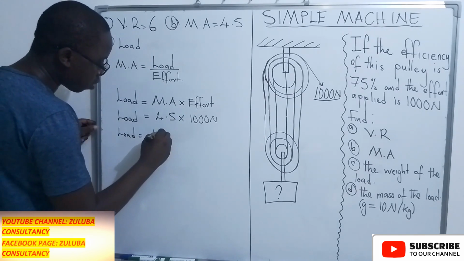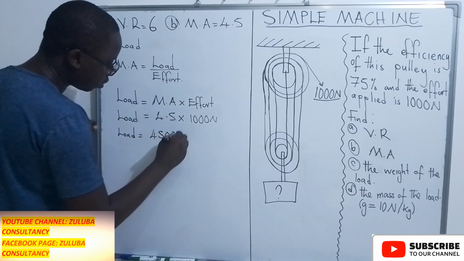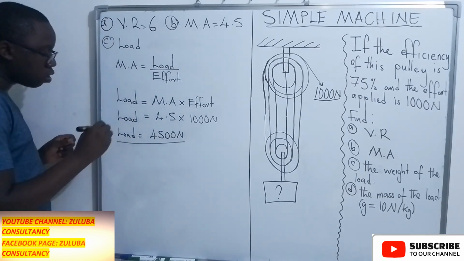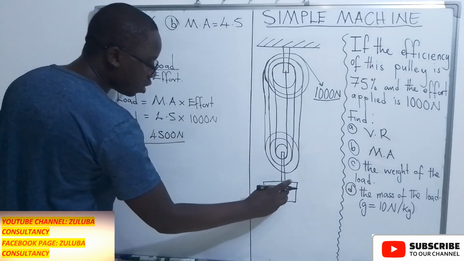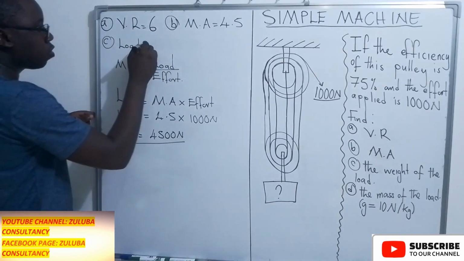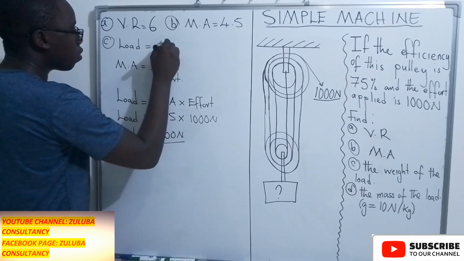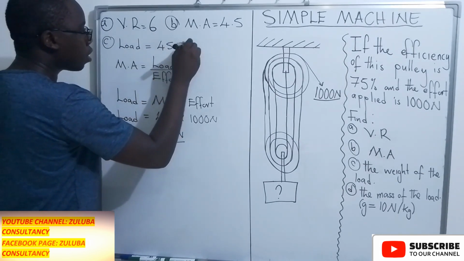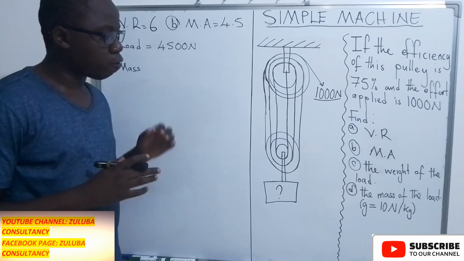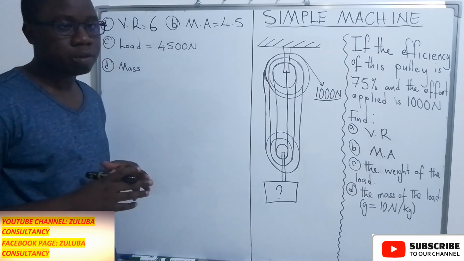It gives us 4,500 newtons. So this becomes the load that is being lifted by this pulley system. So we can say the load is 4,500 newtons. The fourth question is asking us to find the mass of the load.